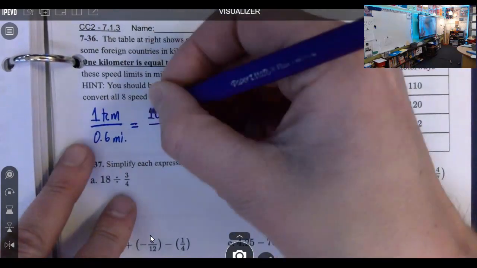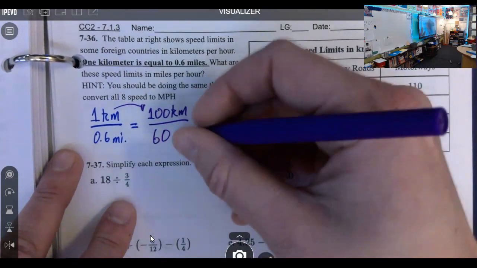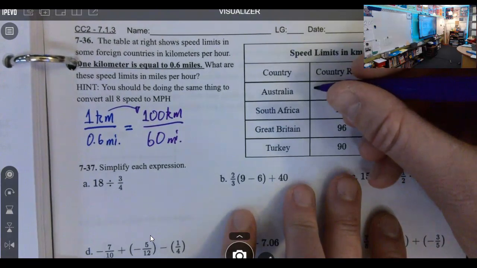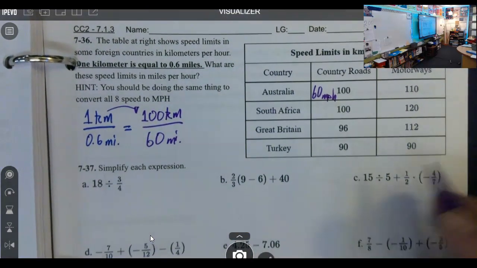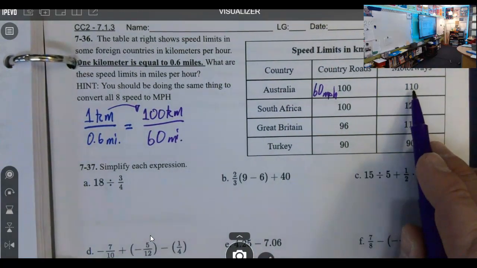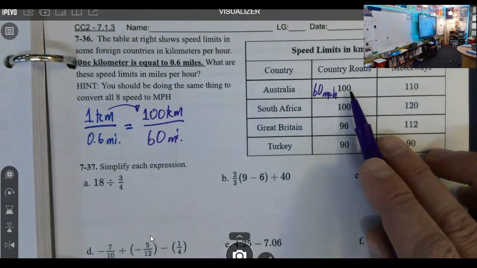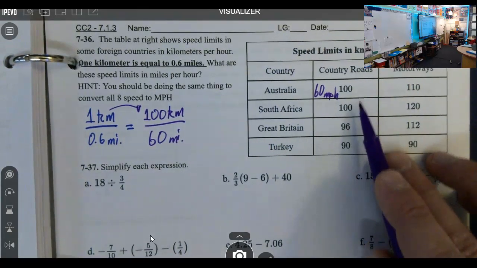Yeah, how do I go from 1 to 100? Times 100. I do the same thing down here. So I think this is going to be 60 miles per hour. I think this will also be 60. I think this will be just above 60. Because it looks like what we can do is multiply this by 0.6. I think what we can do with this whole thing is multiply by 0.6.